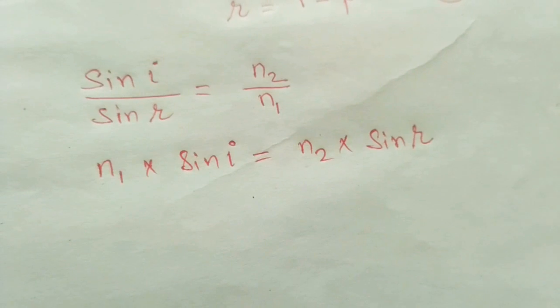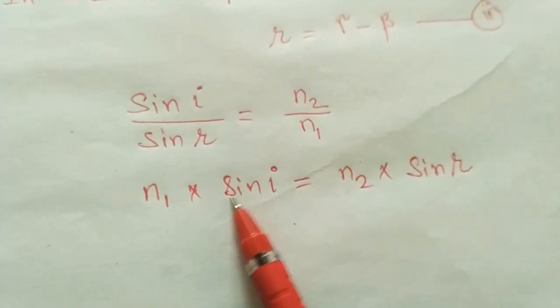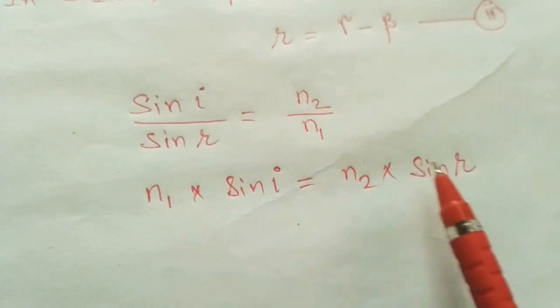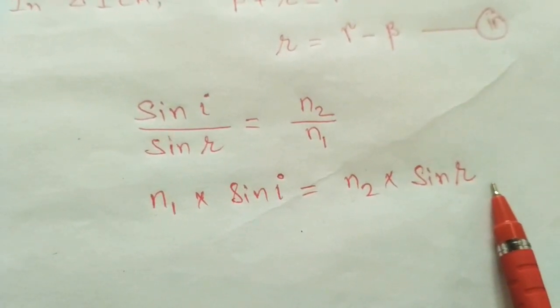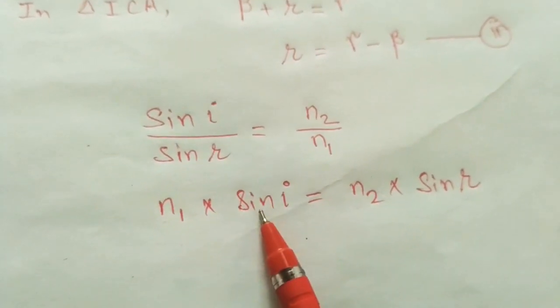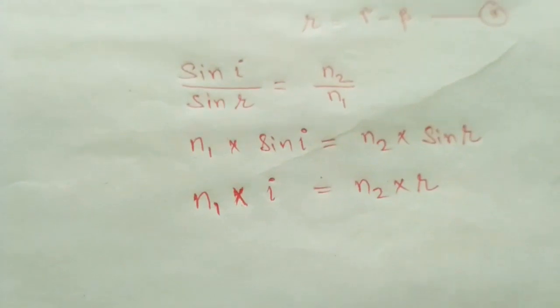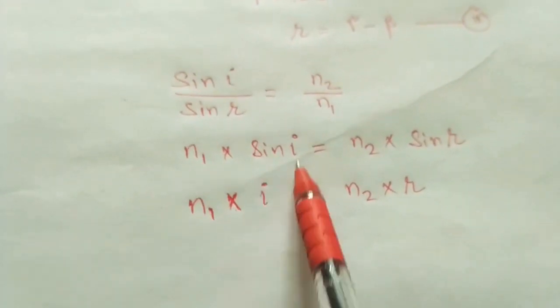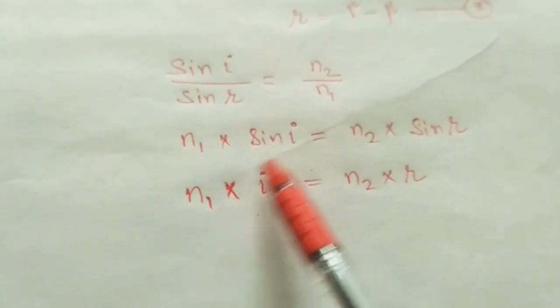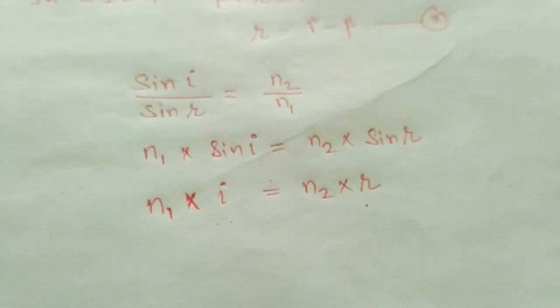But before that, I want to inform you, for the small aperture, this sine I is tending to I only and sine R is tending to R only. For small angle, sine theta is tending to theta only. So I'm writing that if theta is tending to 0, sine theta is equal to theta. Okay, sine I is equal to I, sine R is equal to R. Now put the value of I and R from equation 1 and 2.